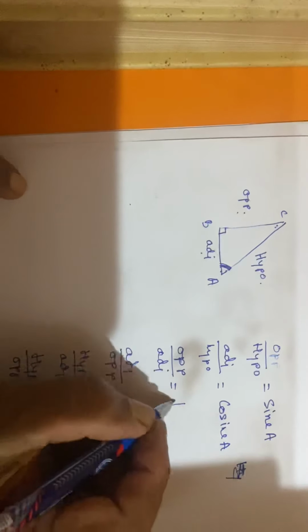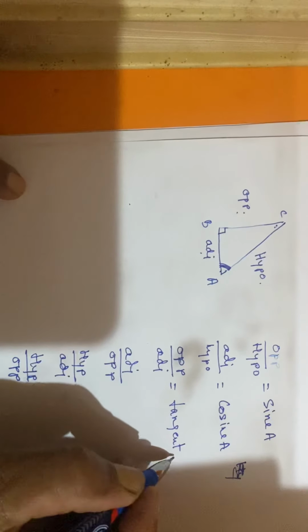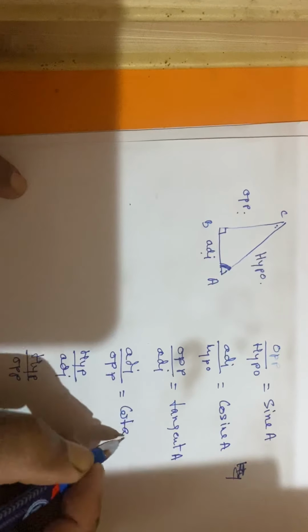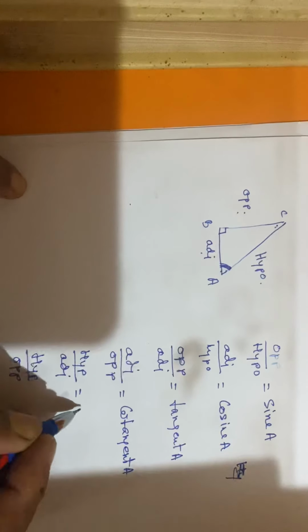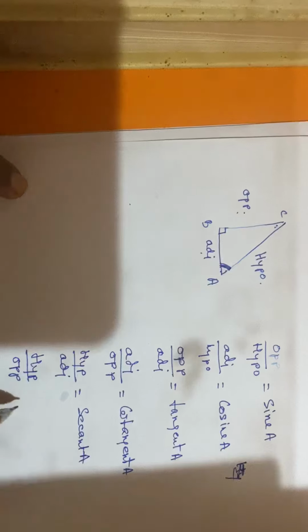Opposite by adjacent, you say tangent. Adjacent by opposite, you say cotangent. Hypotenuse by adjacent, you say secant. And hypotenuse by opposite, you say cosecant.